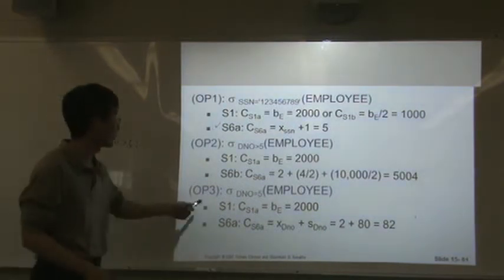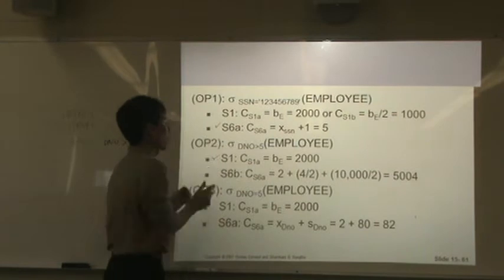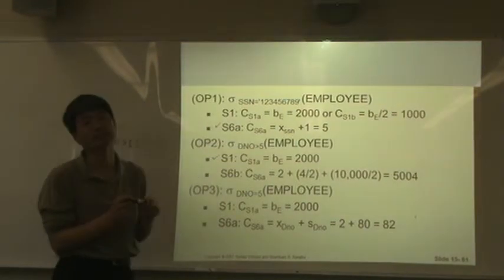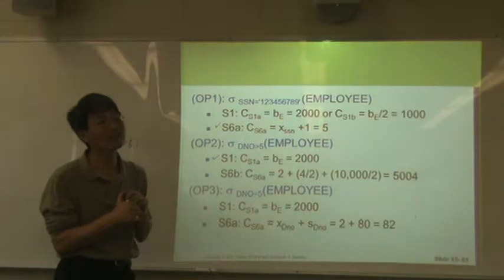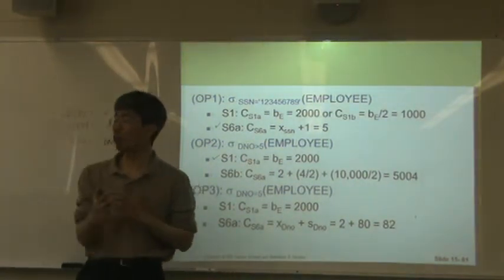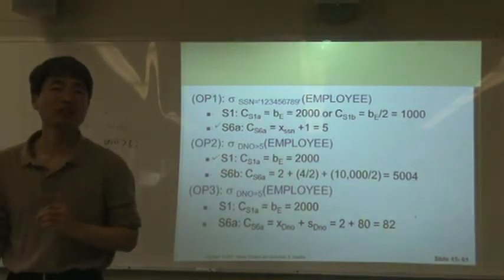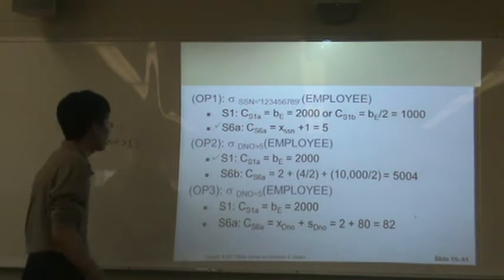Then what if brute force? It's 2,000. In this case, brute force is better, even though we have an index for this. So this is a common mistake for developers: index is always better, index provides the best performance. Not always, depending on the data.